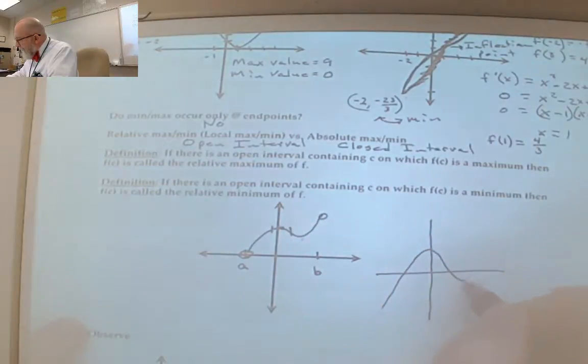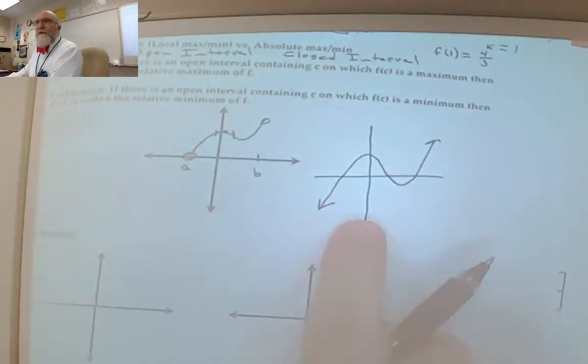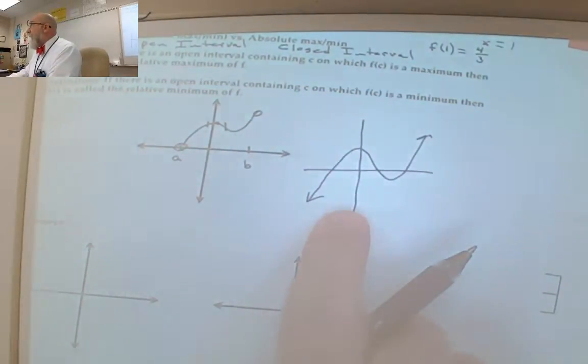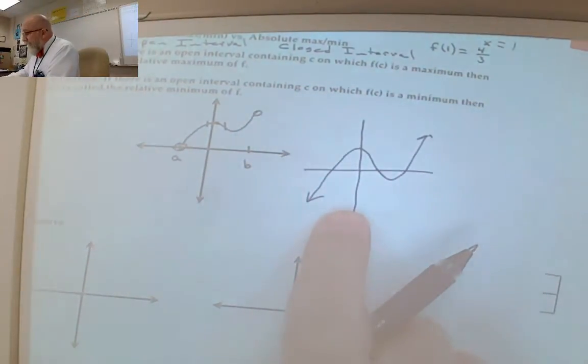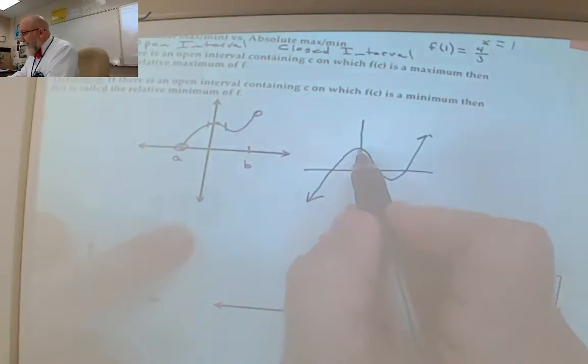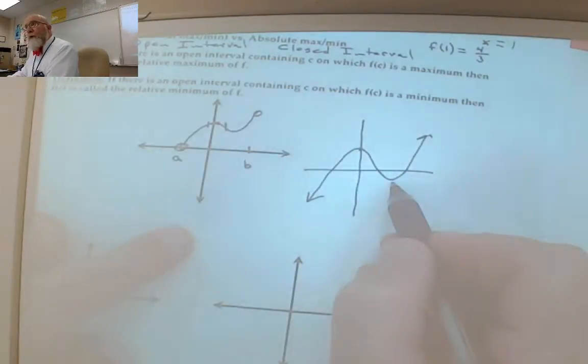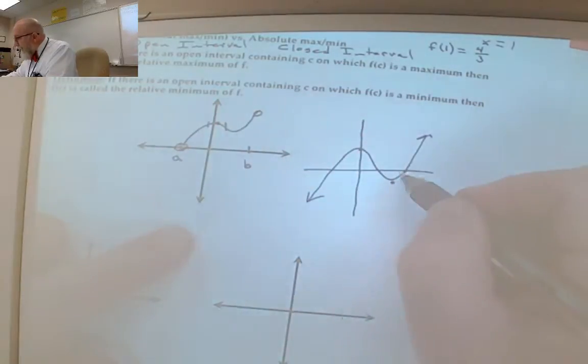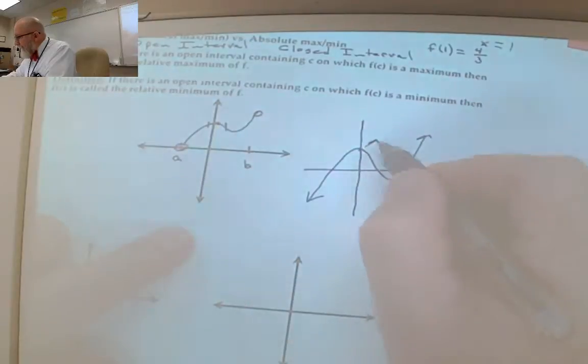A graph that's infinite. Because really I can think of this as an open interval too, right? It goes on forever. This would be called a relative max. This would be called a relative min. It's not going to be the maximum because this thing's going up forever. So this is relative max.